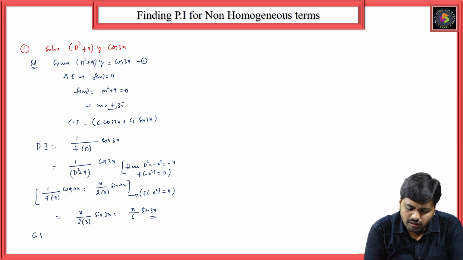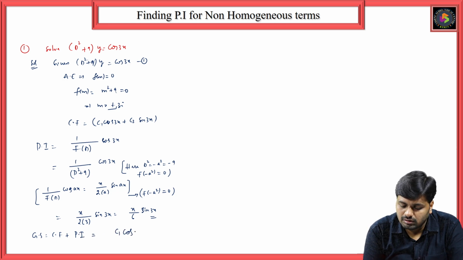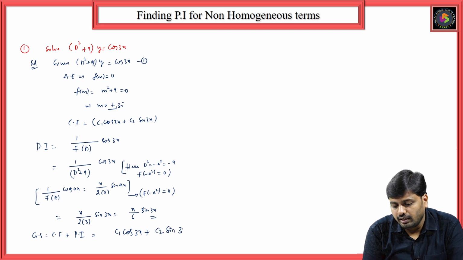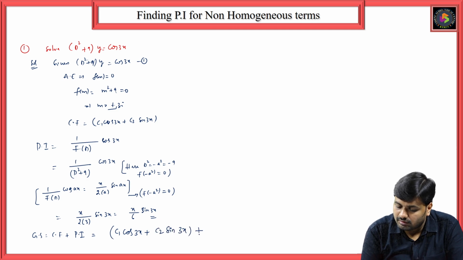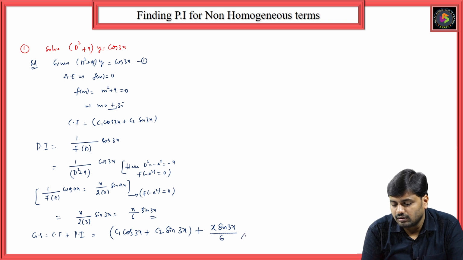Therefore, the general solution will be CF + PI equals c1 cos 3x + c2 sin 3x + x sin 3x by 6, which is the final solution.